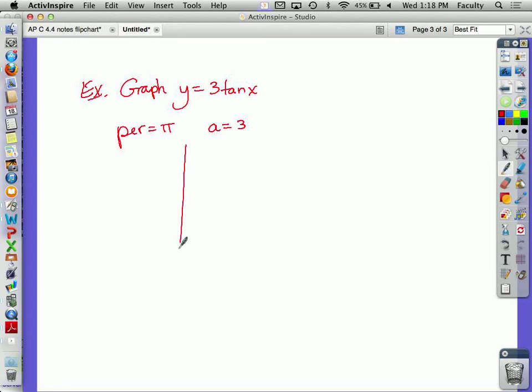So the vertical asymptotes will be 2 to the right, 2 to the left. I do need to make 2 more tick marks though.